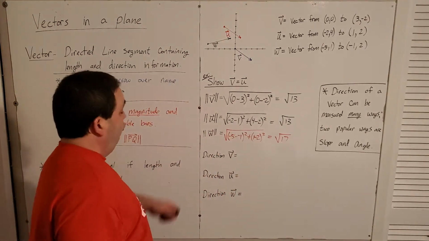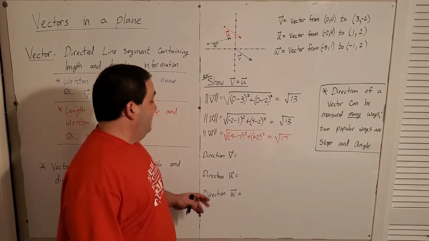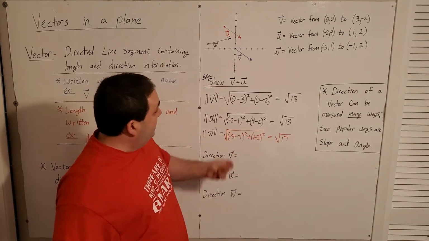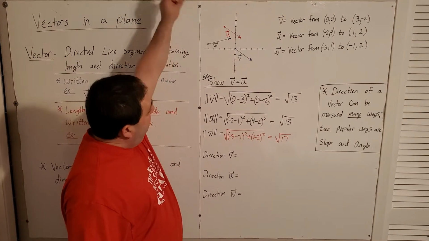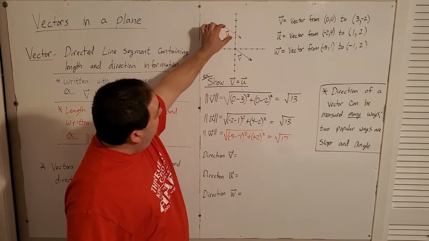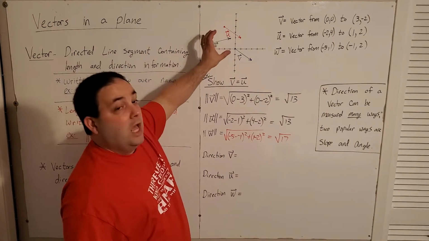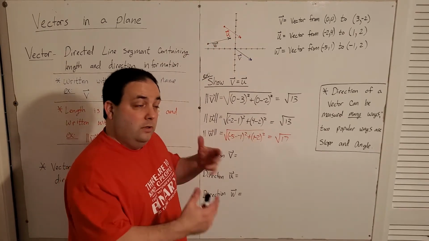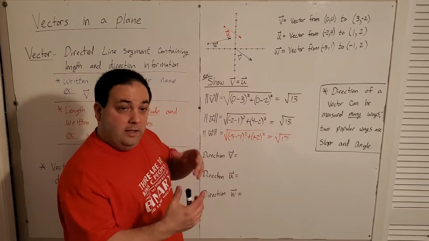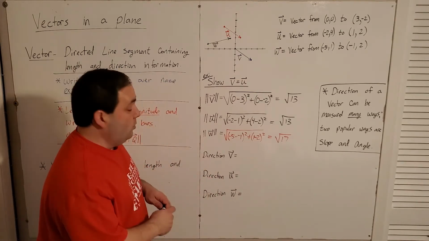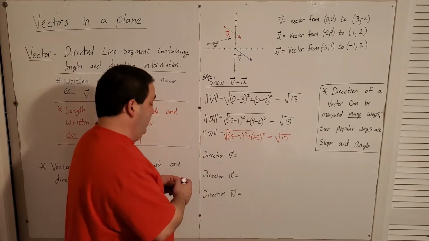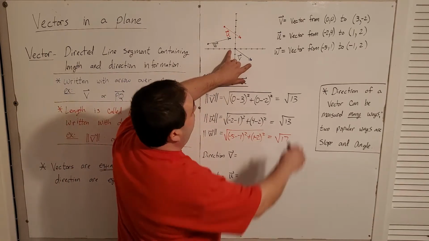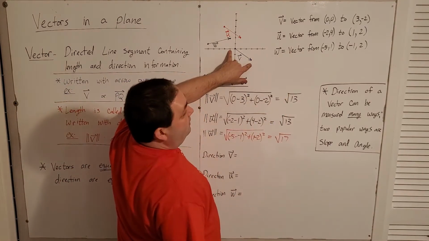Okay, so the direction of v. I'm going to use the slope to do this because it's something I can get out quick and still show that it's a direction that a line is facing. And also, if two slopes are equal, then the two lines are parallel, it's the same thing. So that's what we're going to show here. The direction of v is going to be the slope between the points 0, 0 and 3, -2.